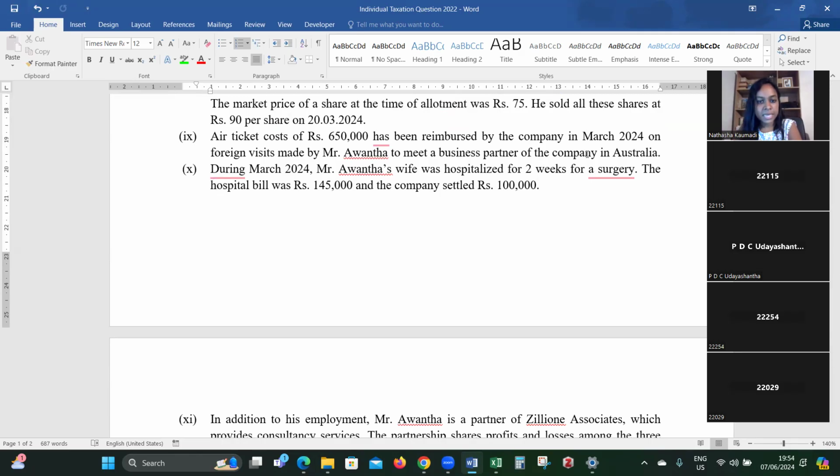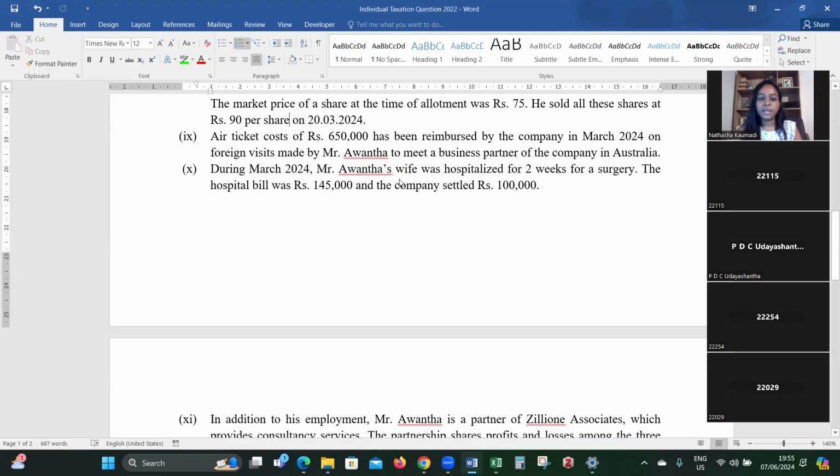For that, he has incurred 650,000 rupees for the air tickets, and the company has reimbursed that amount. Is this a taxable benefit? What do you think? No, this is not a taxable benefit, right?